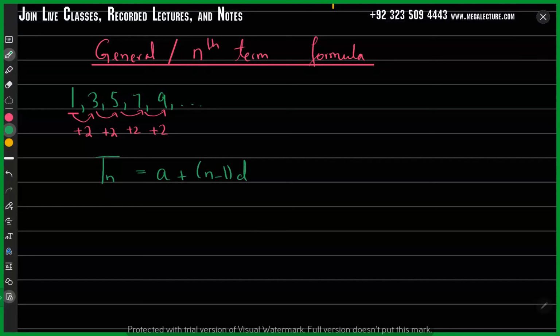Okay, what is a? A is basically the first term of the sequence. N is basically the number of terms that you're interested in finding. So for example, if the examiner has asked you to find the 35th term, N is going to be 35. And what is this D?